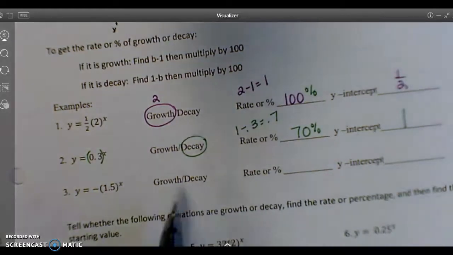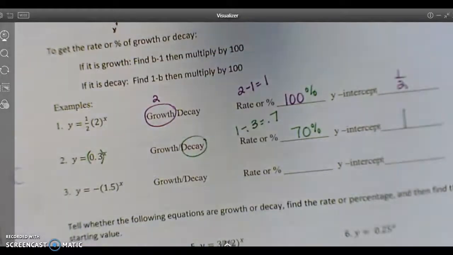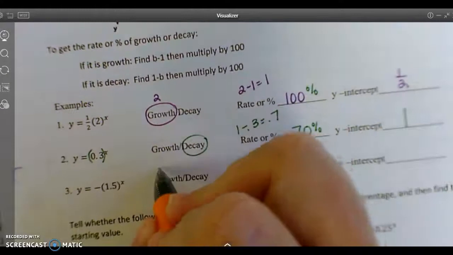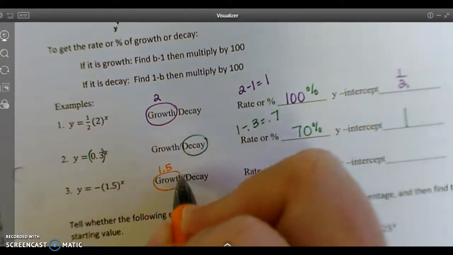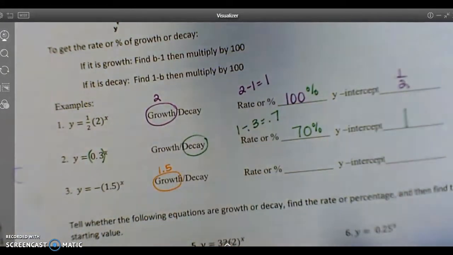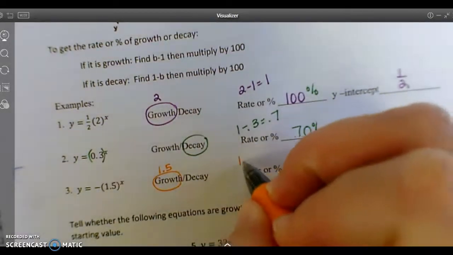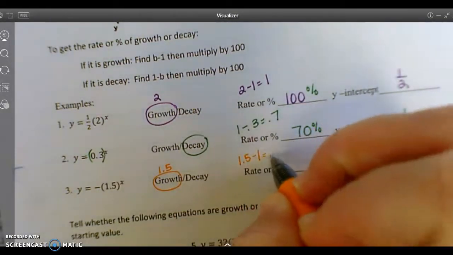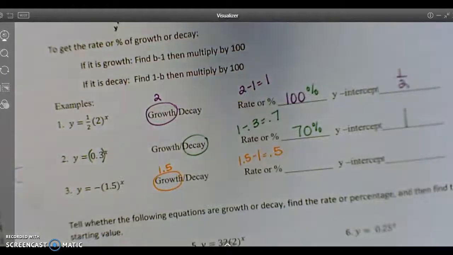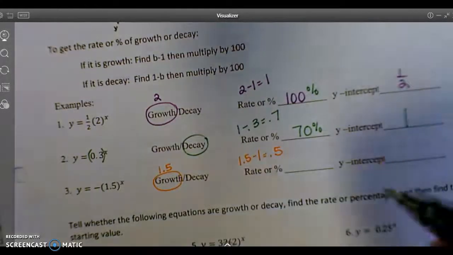Okay, next one, growth or decay. I'm looking at that number in the middle, that 1.5. 1.5 is bigger than 1, so that's growth. I'm going to take that 1.5 and subtract 1. I get 0.5. Move your decimal over 2 places, or multiply by 100.